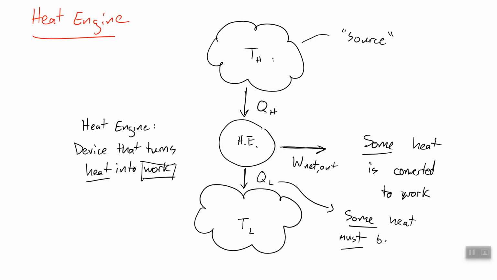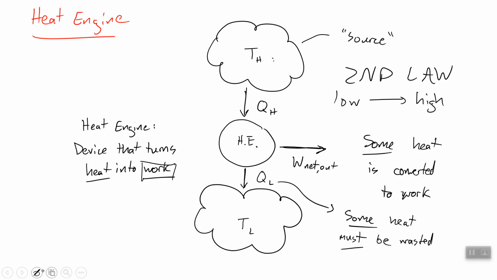In fact, it must be wasted. That's just the laws of thermodynamics. That is the second law, right? If we're going to convert from low quality to high quality, we have to pay the price. Some of that low quality energy must not be converted to high quality energy. Okay.